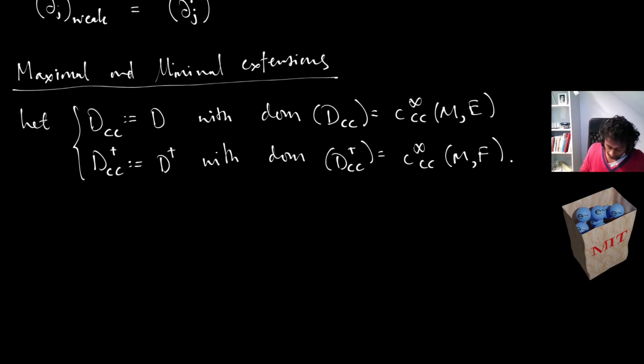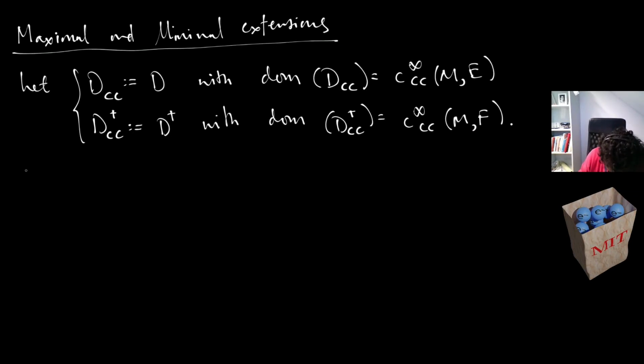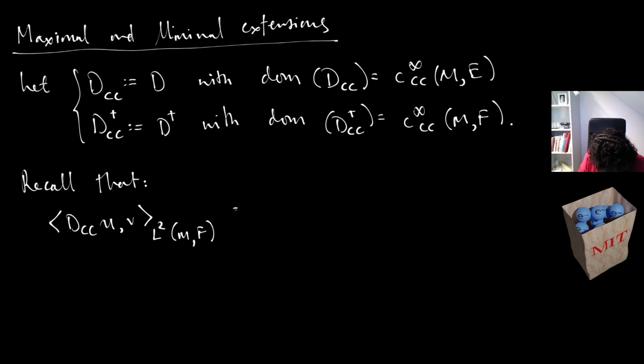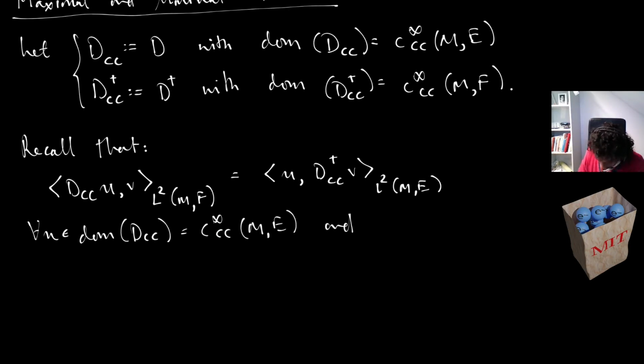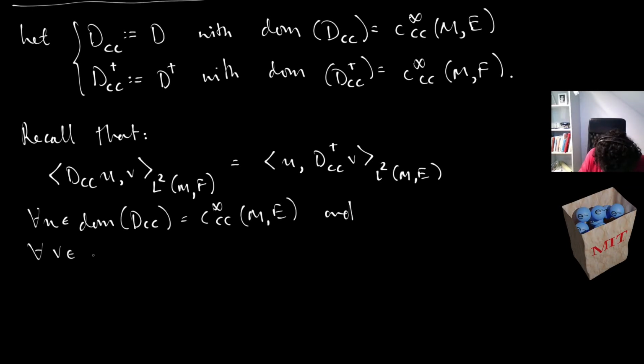Okay, so in this language we saw, recall that we have that the inner product of d_cc u with v, in L2 of M in F, is equal to the inner product of u with d_cc dagger v in L2 of M in E. And this is of course for all u in the domain of d_cc, which is of course equal to C infinity compactly supported, and for all v in the domain of d_cc dagger.